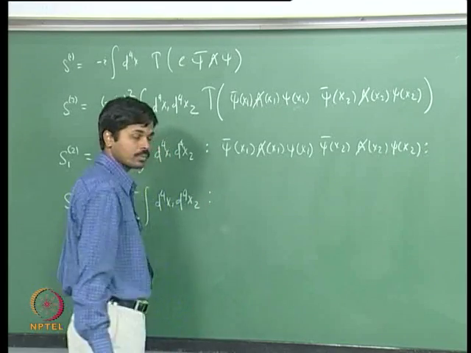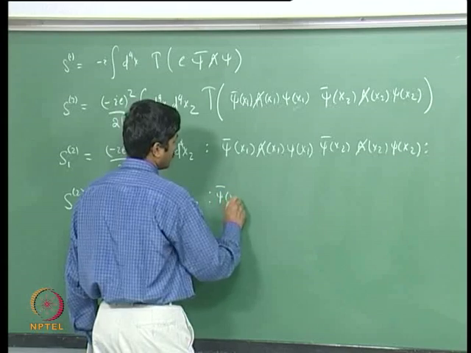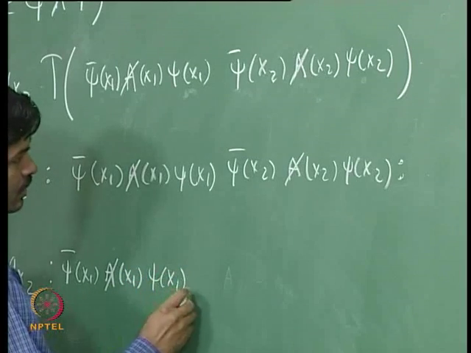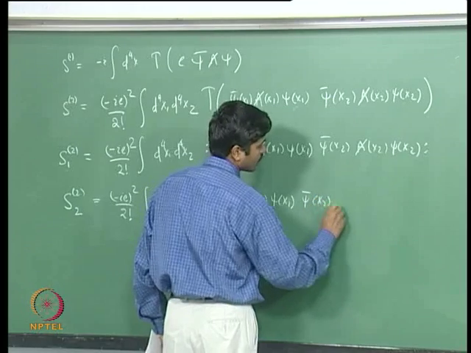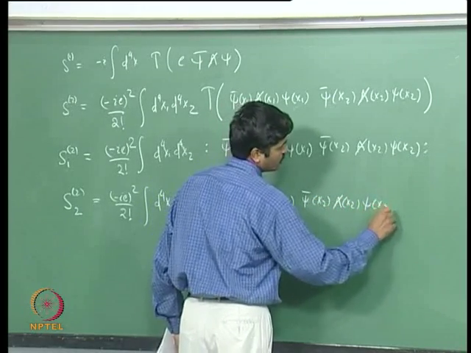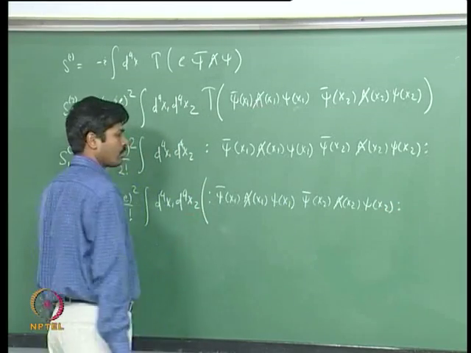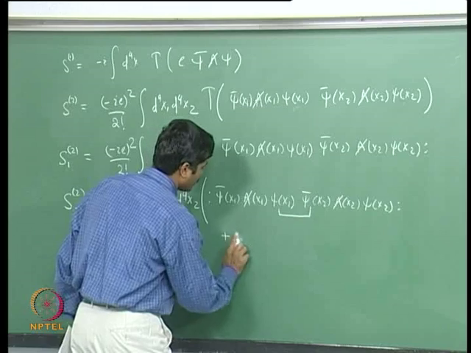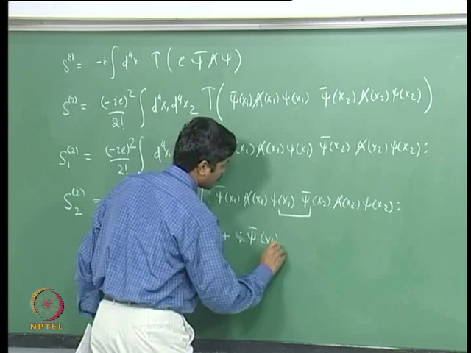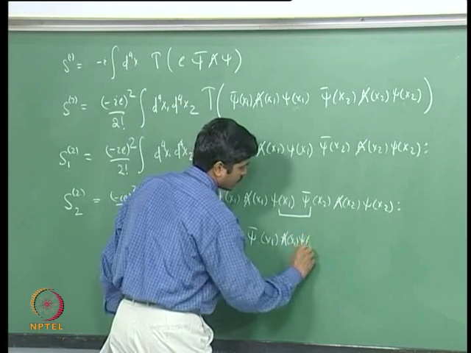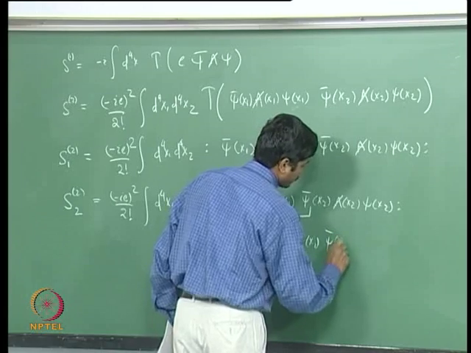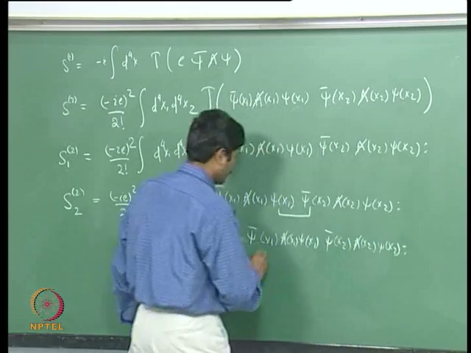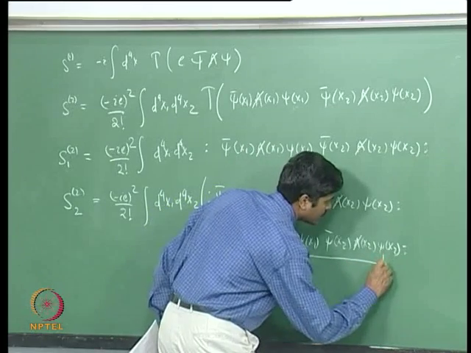So, this is the normal ordered product of psi bar x1 A slash x1 psi x1 psi bar x2 A slash x2 psi x2, where this contracts with this, and then the normal ordered product of psi bar of x1 A slash x1 psi x1 psi bar x2 A slash x2 psi x2, where this psi bar of x1 contracts with this.